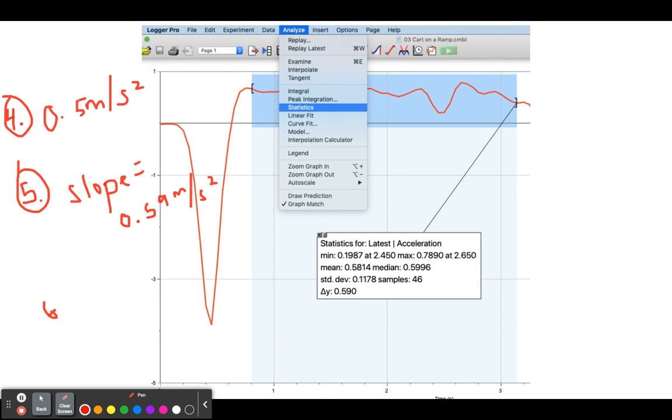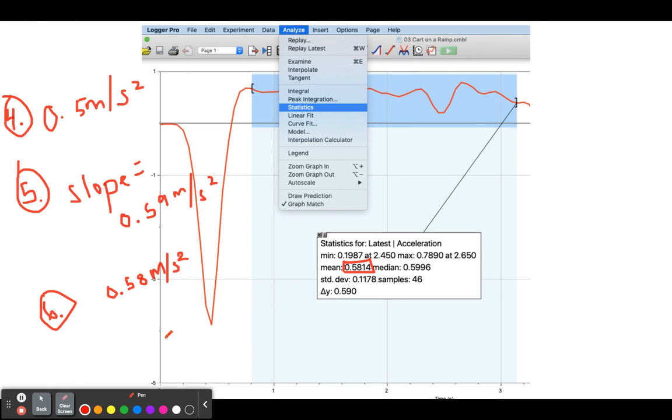And then last, you're comparing it to the mean value, which you can find using the statistics function. The average value of the acceleration is 0.58 meters per second squared. That's the average value on my acceleration versus time graph. So it's asking you to comment on how closely these three are related.